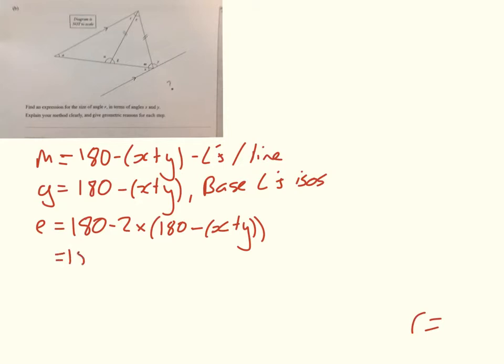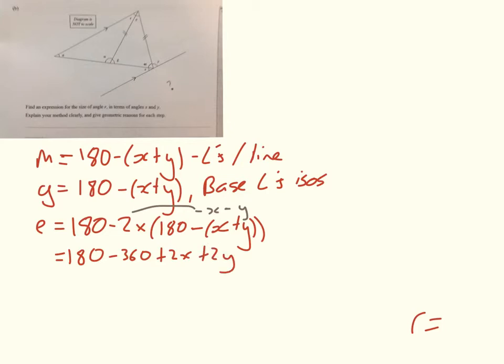So I'm going to leave it at 180. Negative 2 times 180 is negative 360. And then negative 2 times negative X and Y. This part here is going to simplify to negative X minus Y. So negative 2 times negative X is positive 2x, and negative 2 times negative Y is 2y.